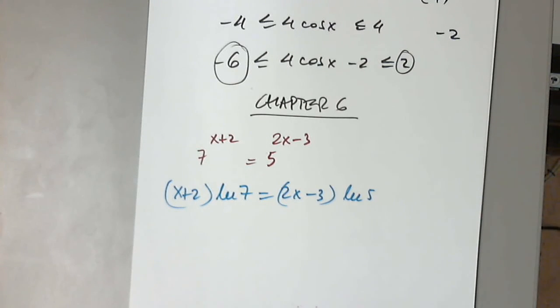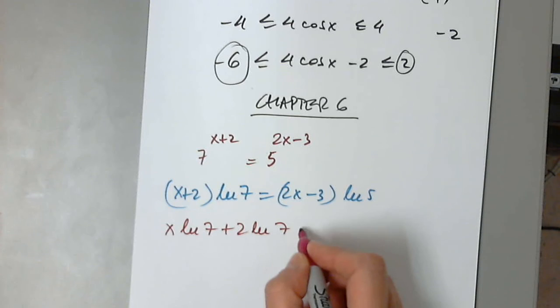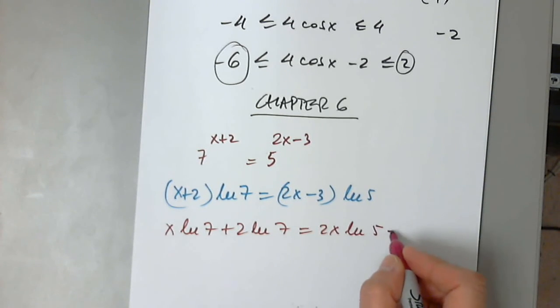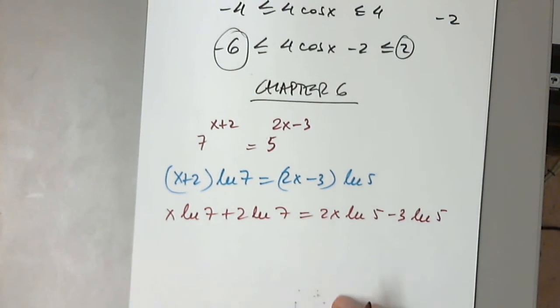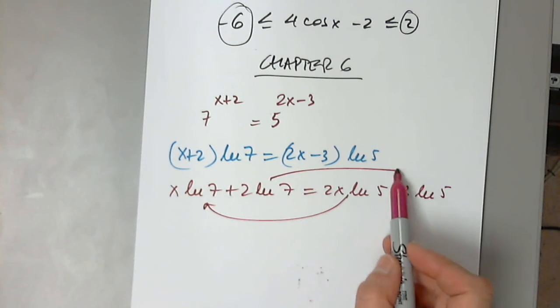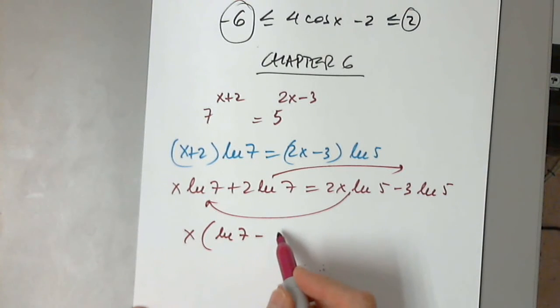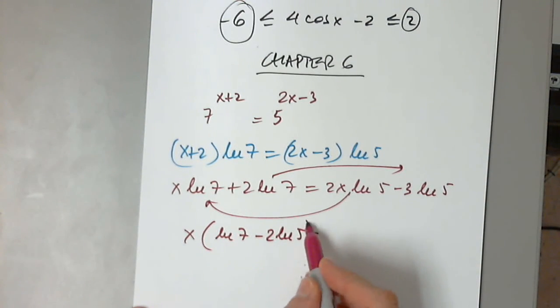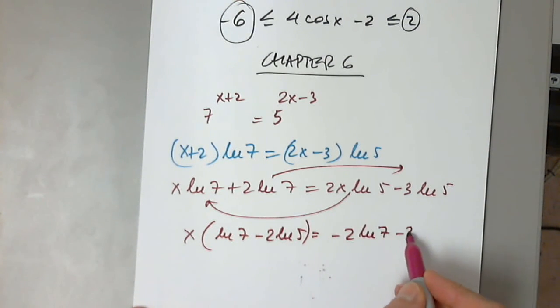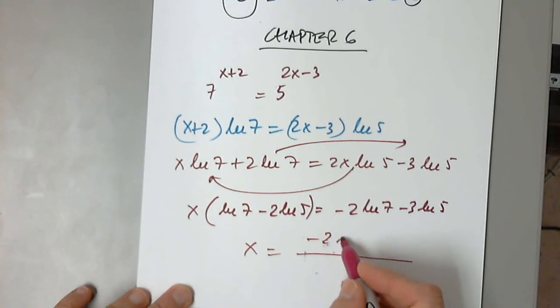The next step would be to distribute. x natural log 7 plus 2 natural log 7 equals 2x natural log 5 minus 3 natural log 5. And of course, I'm going to move this here and factor out x. We've seen this before, but I would like you to review it for the test.